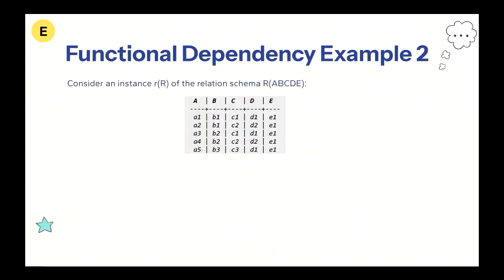And for the attribute E, all the rows have the same value of E. So since A values are unique, what does it indicate here? Can A determine all the rest of the values here? Yes, right.